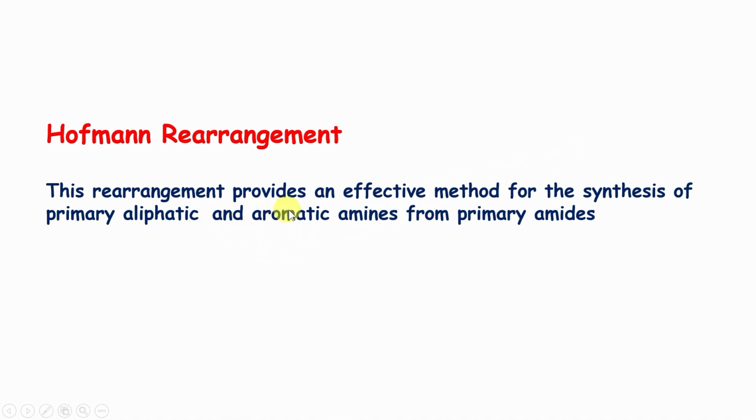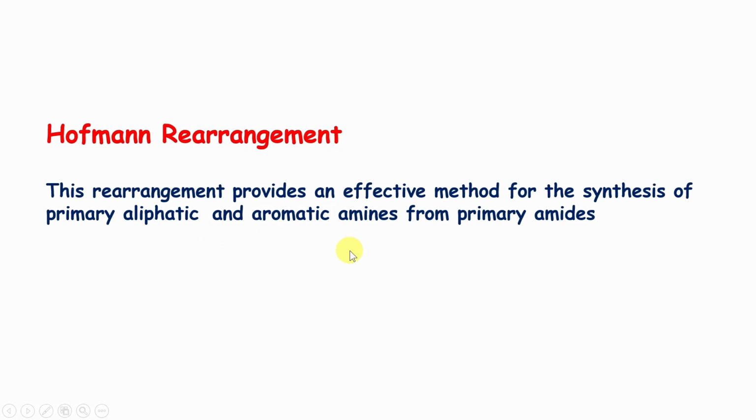This rearrangement provides an effective method for the synthesis of primary aliphatic or aromatic amines from primary amides. By using Hofmann's rearrangement, a primary amide can be converted into an amine, maybe a primary aliphatic amine or aromatic amine.